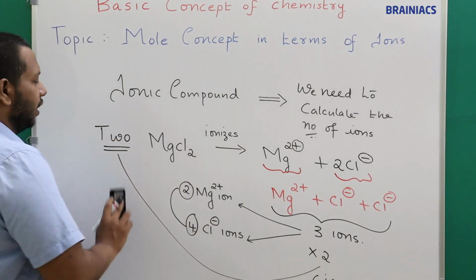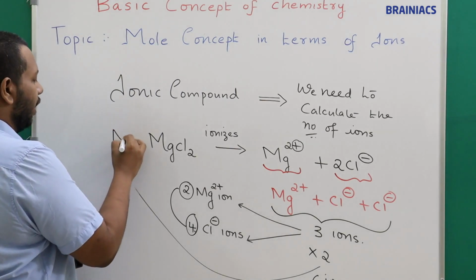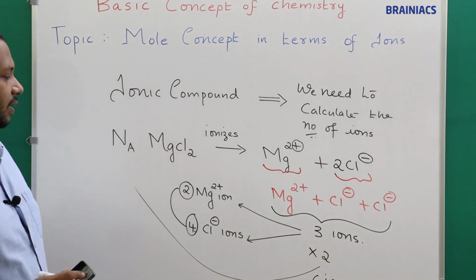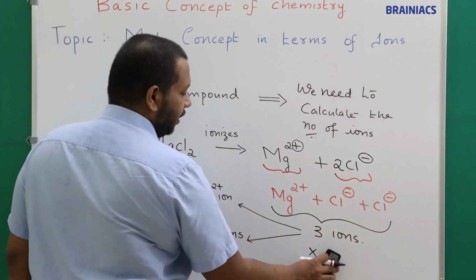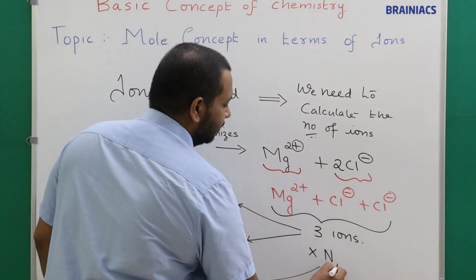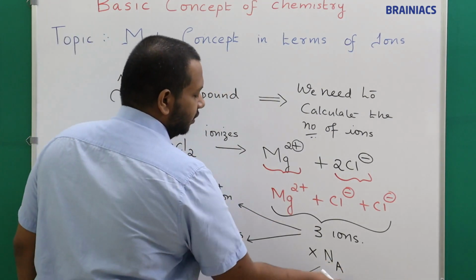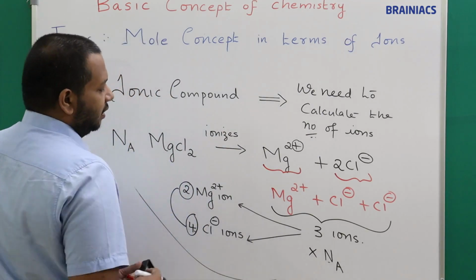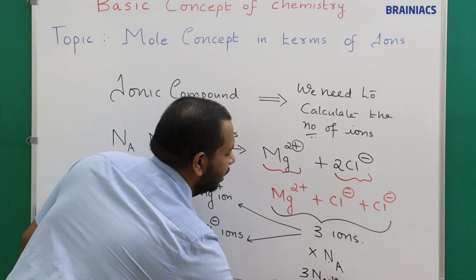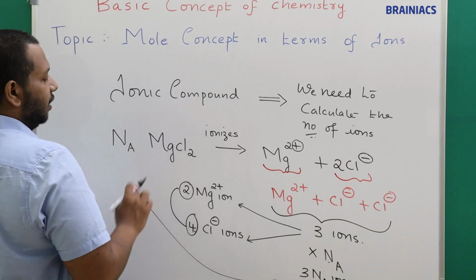Now instead of 2, I am putting here our favorite number, that is Avogadro, Na. Now tell me, if it is Na, what will happen? This should be multiplied by Na, that is 6.022 into 10 to the power 23. When you multiply with this Na, I know that 3 Na ions will be generated. So if it is 3 Na, multiply here also.